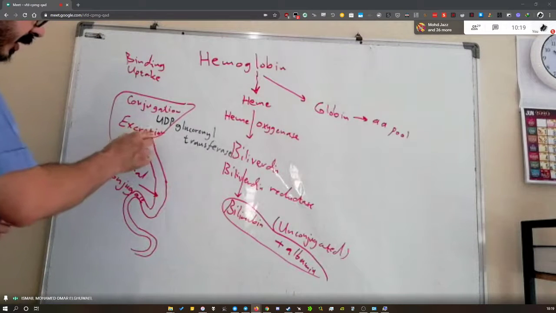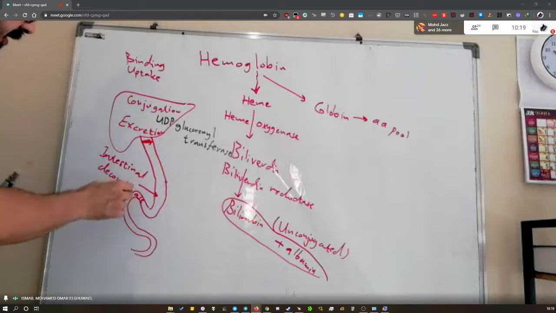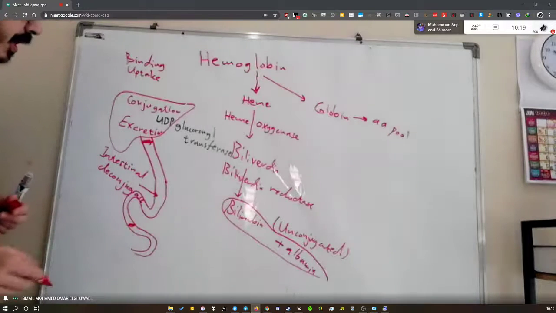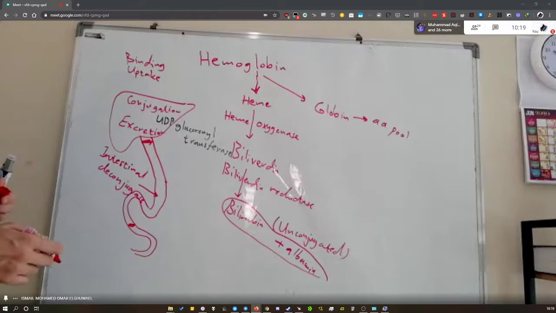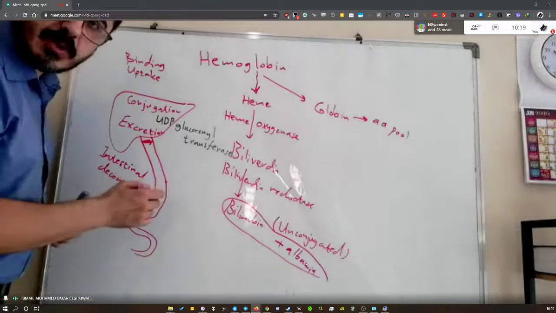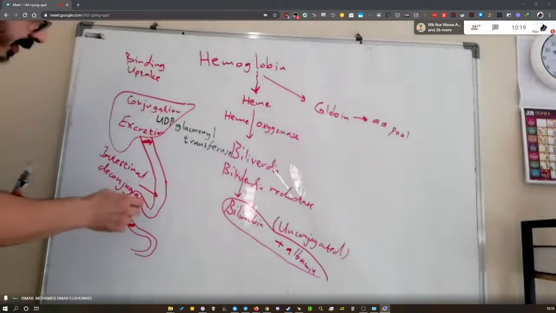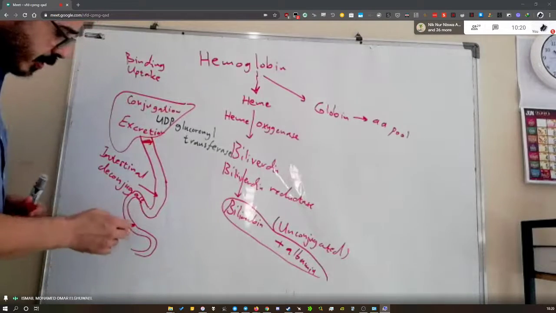So it became conjugated in the liver, but after the intestinal deconjugase, it became unconjugated. The other thing that can cause deconjugation is bacteria.